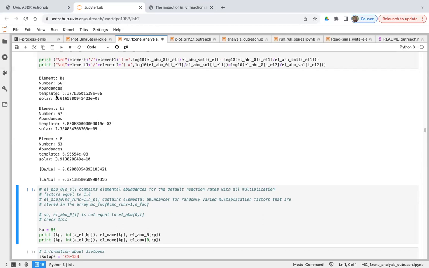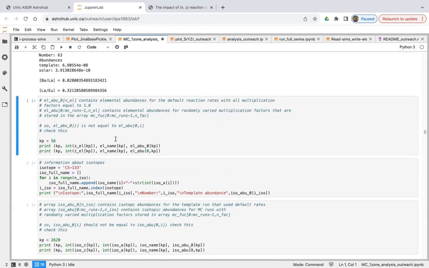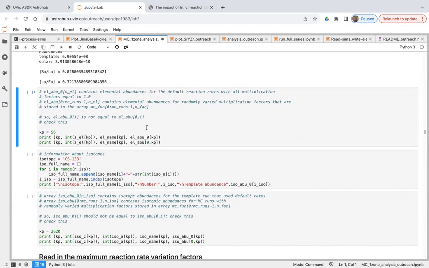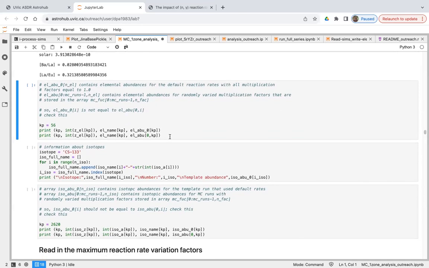For each element, there are 2 abundances: template 1, calculated using default rates, and the solar abundance for the same element. Barium, lanthanum, europium, and also what's calculated here, barium to lanthanum, lanthanum to europium ratios. Okay. So now let's execute the next cell.